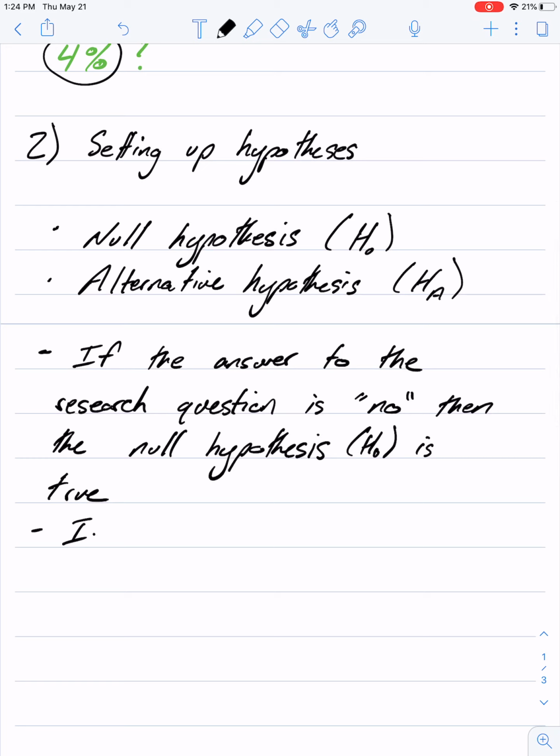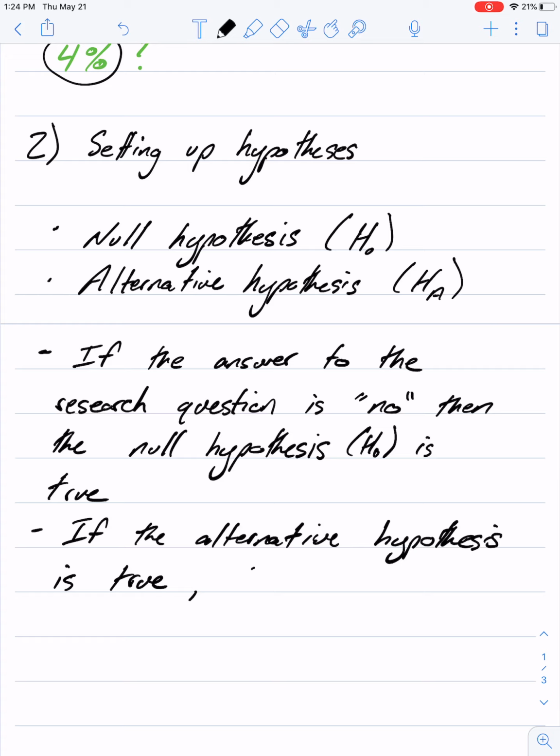Now, I'm going to say it the opposite way to be consistent.